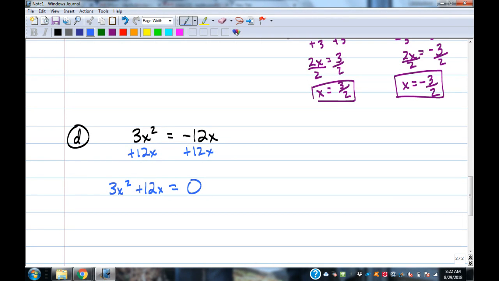The next thing we look for is a greatest common factor. For this one, what's the GCF between 3x squared and 12x? 3x. And that leaves what in the parentheses for this one? X plus 4.